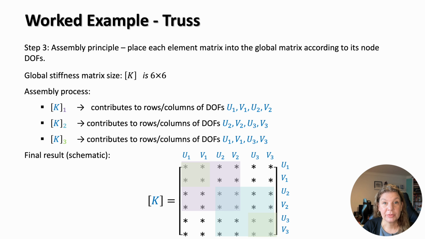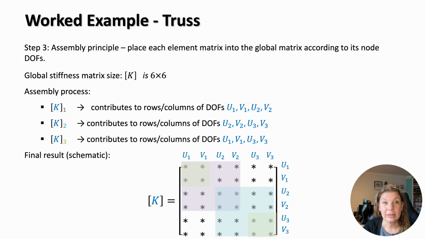Now we assemble the global stiffness matrix by placing each element's contribution into the rows and columns corresponding to the nodal degrees of freedom. The global displacement vector is ordered as capitals U1, V1, U2, V2, U3, V3. So our global stiffness matrix is a 6x6. For member 1 to 2, its 4x4 stiffness matrix connects nodes 1 and 2.